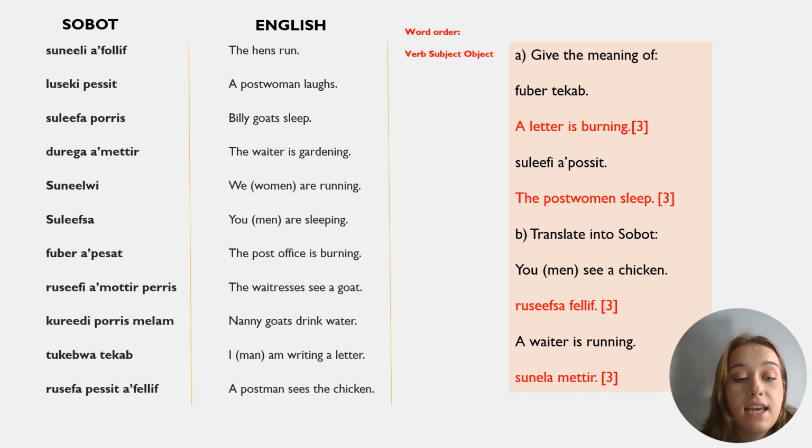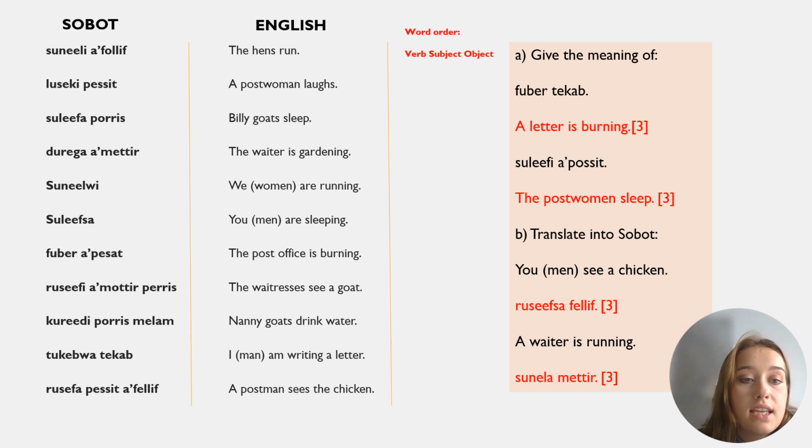For "I am writing a letter," the ending is tu keb wa. You still have that a ending because they were both masculine subjects. But if you're looking at something like "the waitresses see a goat," rusifi, you have that e ending, or "nanny goats drink water," kuridi, you have that e ending again. So it shows that those subjects are feminine. You can see these patterns all throughout if you have a look.